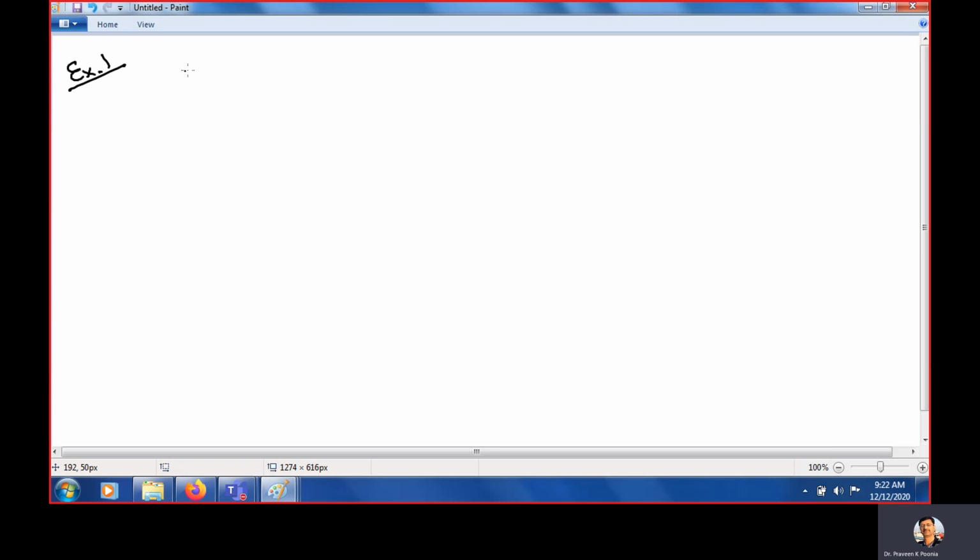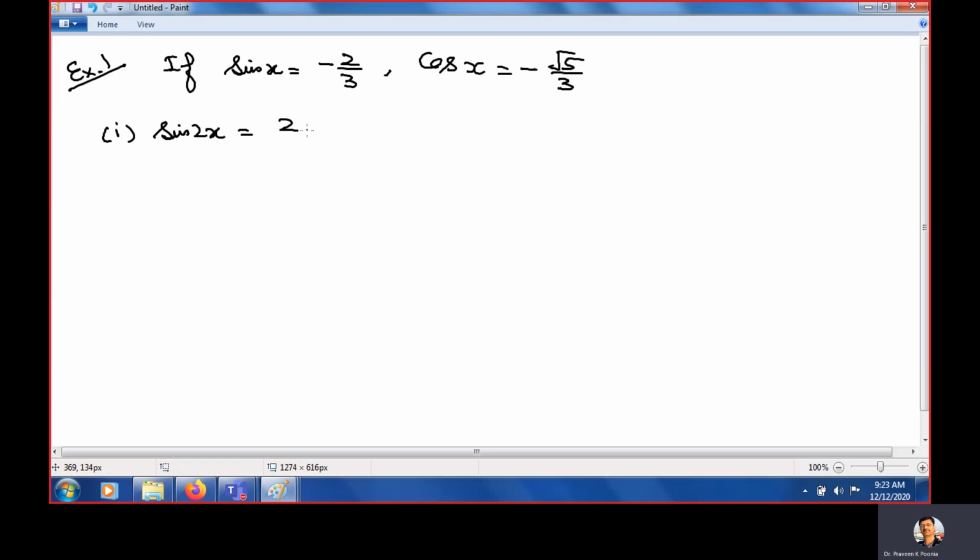And what is that? If sin x is equal to minus 2 upon 3 and cos x is equal to minus square root 5 upon 3, these values are given. Find the value of sin 2x and cos 2x. So first we will find sin 2x. Sin 2x means 2 sin x cos x.